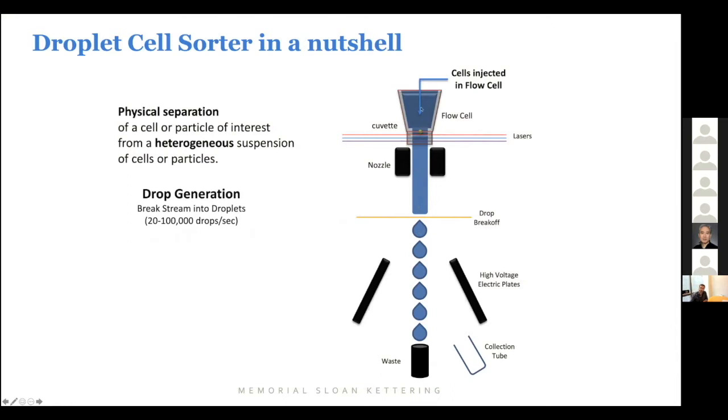So if you have a cell of interest going through the lasers and it's identified as a target cell, then what the system does, it waits until the cell reaches the drop breakoff point, and then it charges the stream.